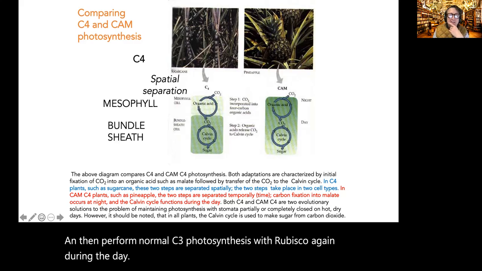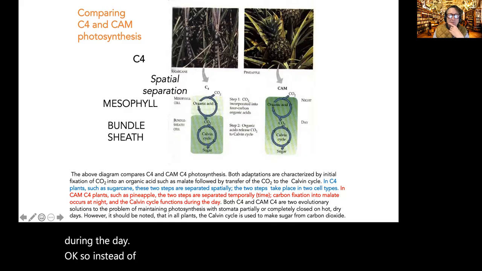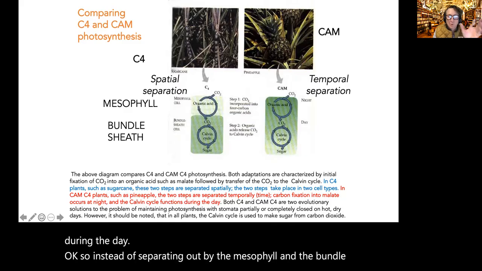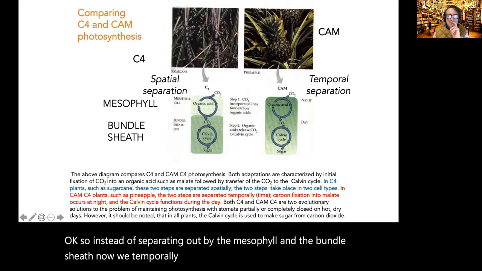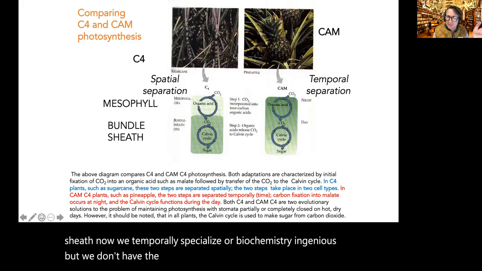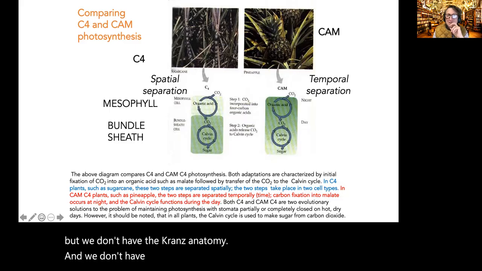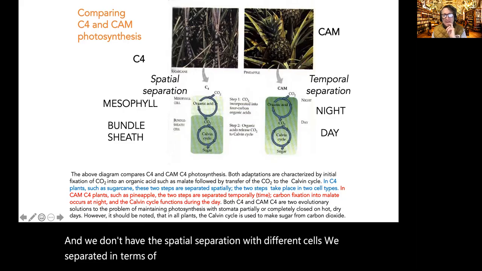Okay, so instead of separating out by the mesophyll and the bundle sheath, now we temporally specialize our biochemistry. Ingenious, but we don't have the Kranz anatomy, and we don't have the spatial separation with different cells. We separate it in terms of time between the night and during the day.